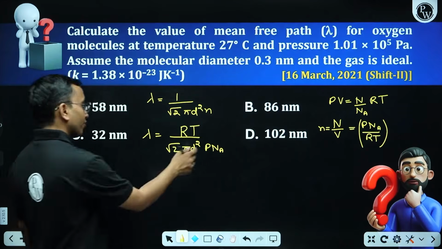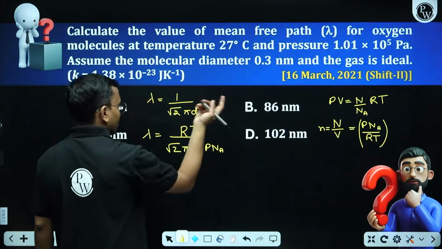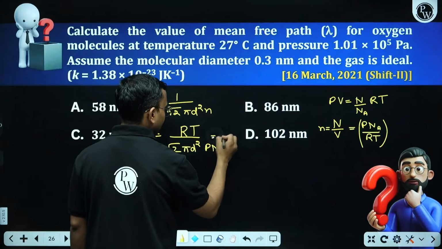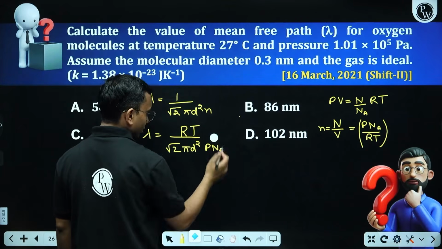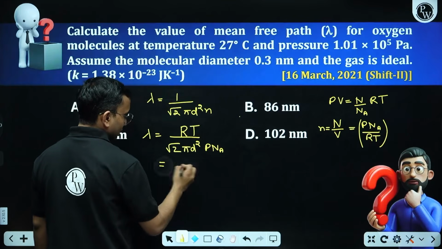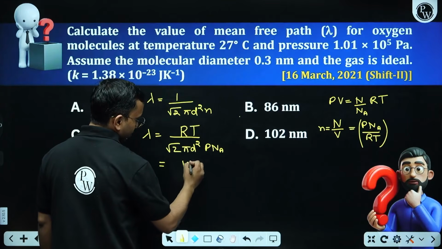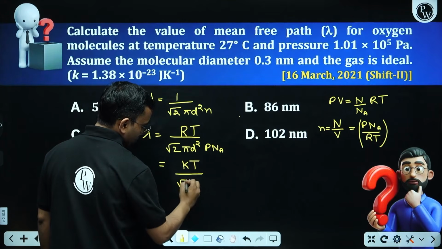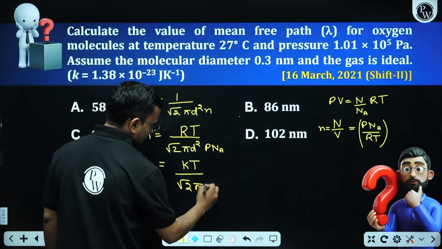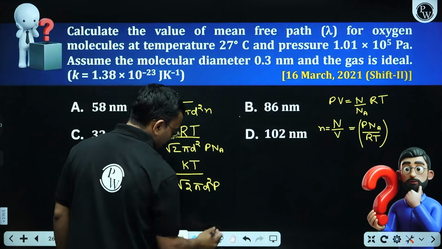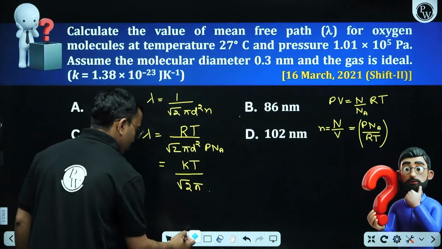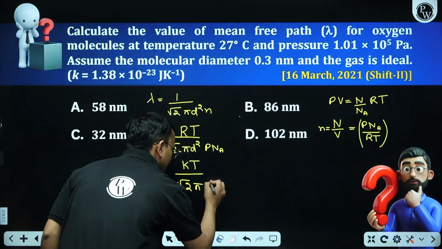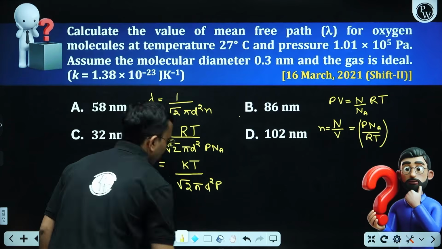R by N A you can write as Boltzmann constant, because Boltzmann constant they are giving here. So you can write this as my Boltzmann constant into T divided by root 2 pi d square into P. Let me write it again. Root 2 into pi d square into P.